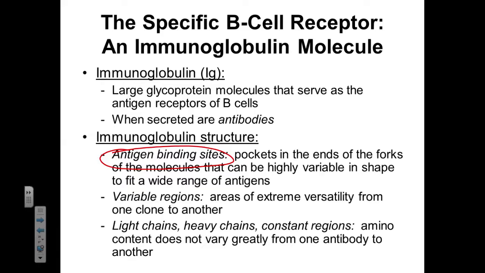The variable region itself is going to change within the antigen binding site, and then we also have our light chain regions. These light chain regions, heavy chains, and constant regions are amino acids of our immunoglobulin that don't change very much from antibody to antibody. But these two areas do change quite a bit from antibody to antibody.